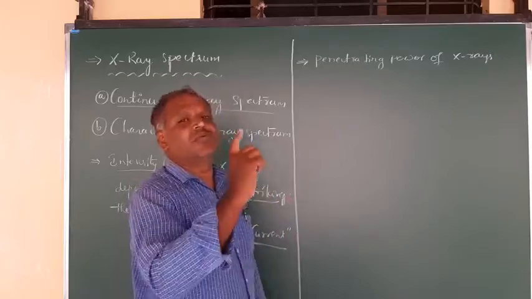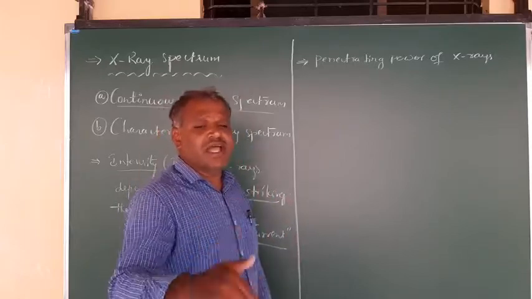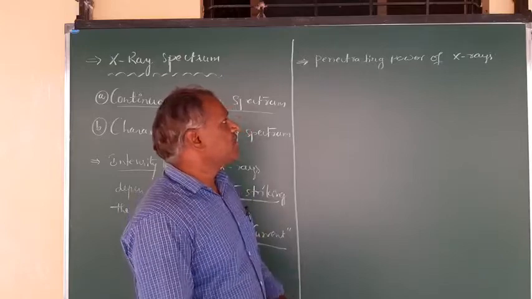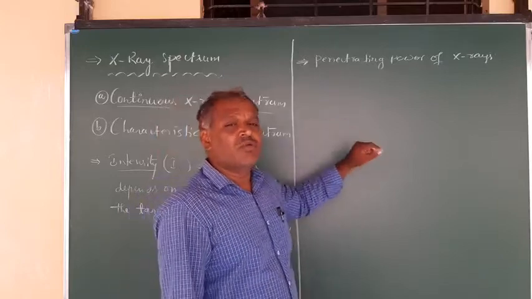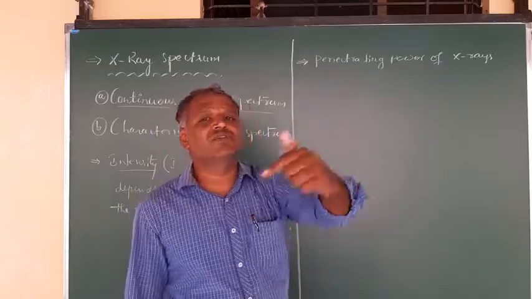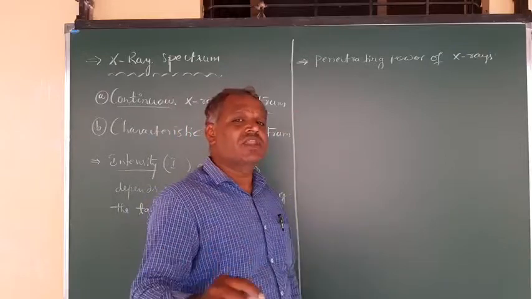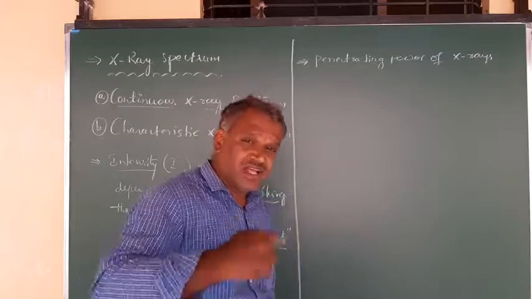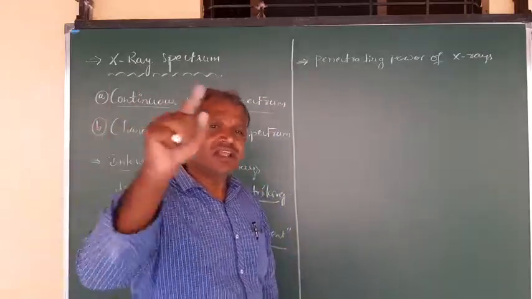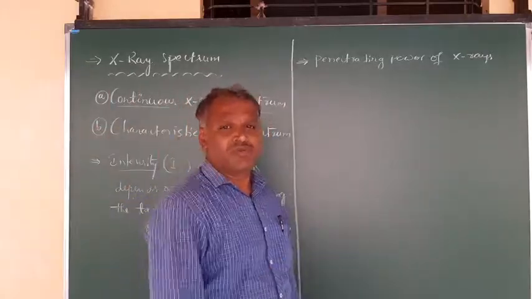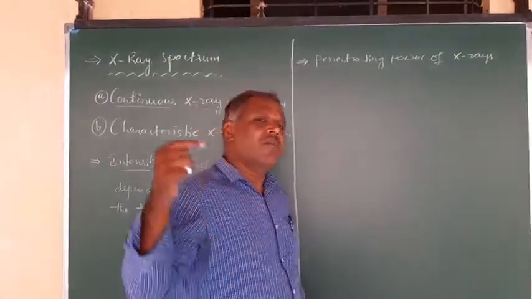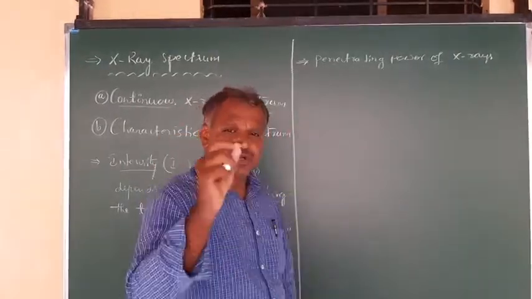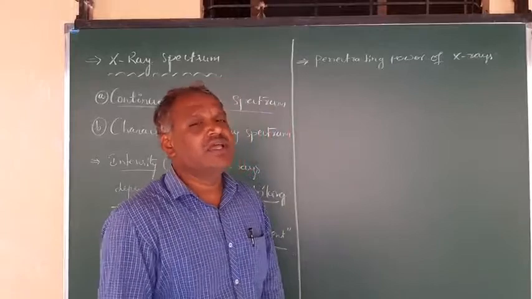By the accelerating potential. When you increase the accelerating potential, the electrons possess more energy, more kinetic energy is lost, and that loss of kinetic energy is converted to X-rays. In those X-rays we have more energy, so that they can penetrate through a certain thickness of sheets.